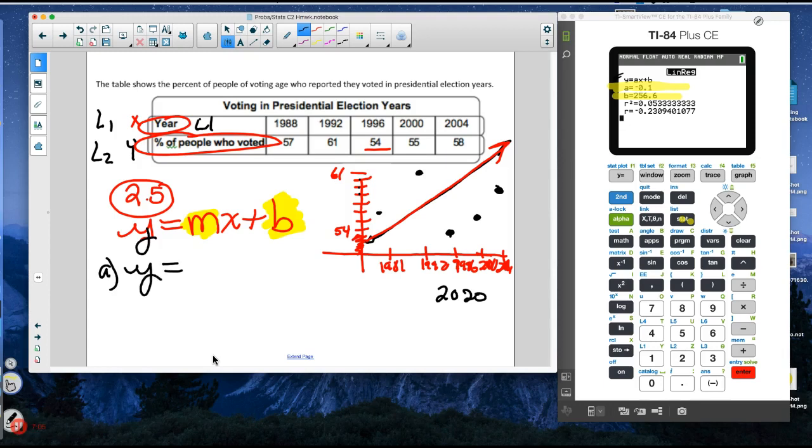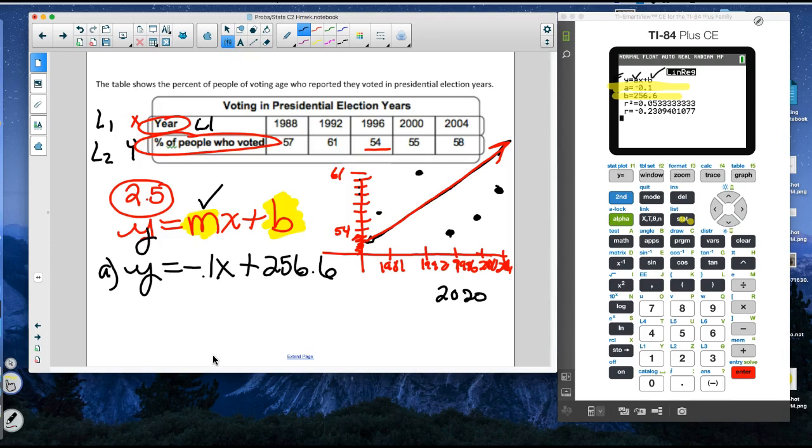It'll be y equals the slope, which for mine is the a. So it'll be negative 0.1x plus b, 256.6. It's always y equals mx plus b.